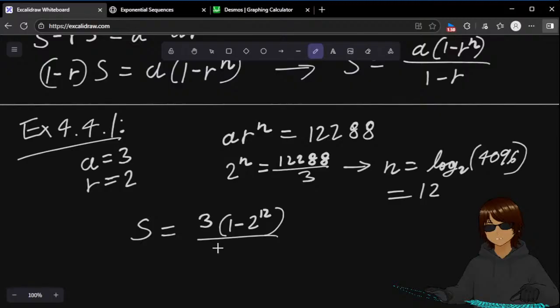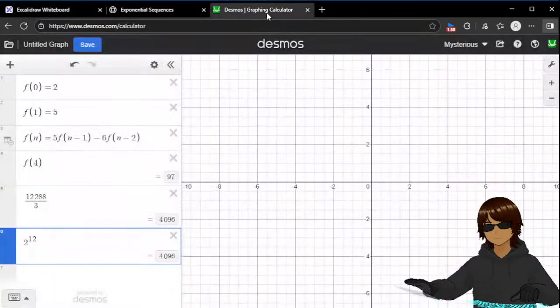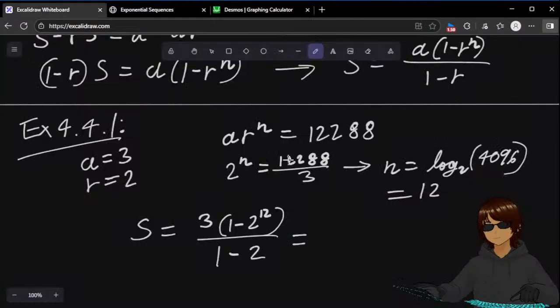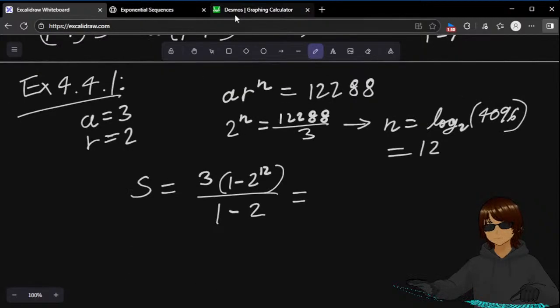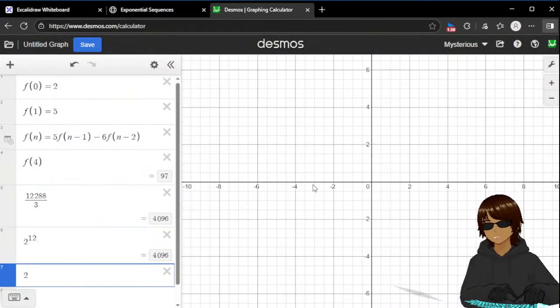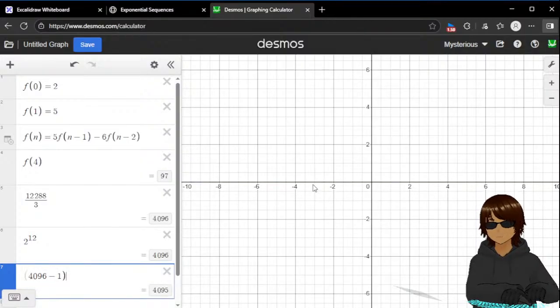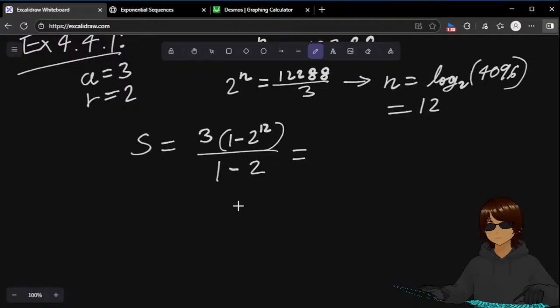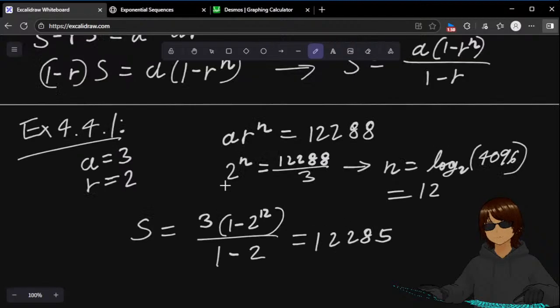I can just use this, 1 minus 2. So 2 to the power of 12, 4096 minus 1, times 3, over 2 minus 1. 12285. I never needed to do 2 minus 1 because that's 1.